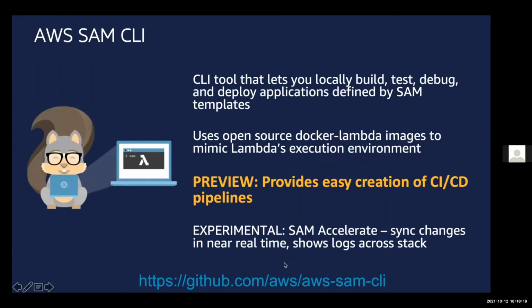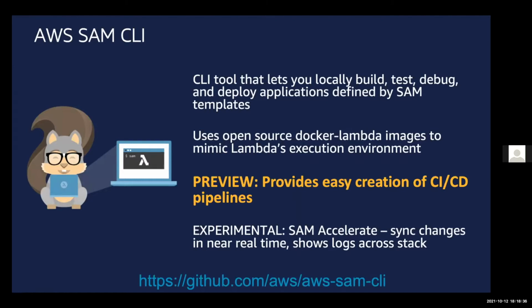Cool. So with SAM, I like to think of SAM as a 2-step process. You've got the SAM template, which will expand into a CloudFormation template, which is what gets deployed into our environment.